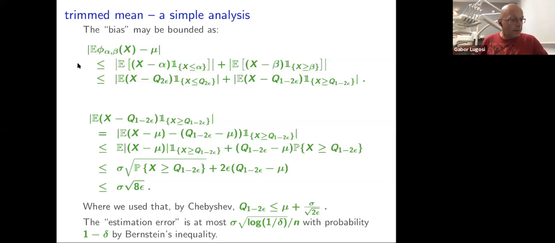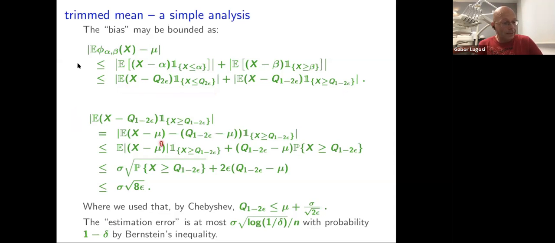Now, because we know that alpha is a good estimator with high probability, I can replace alpha by Q_2epsilon, and beta by Q_1 minus epsilon. So let's look at just this term; the other term is exactly the same. The expected value of x minus this quantile times the indicator that x is greater than that quantile.